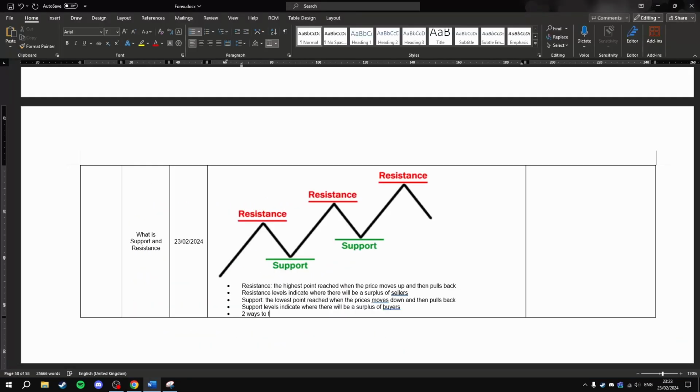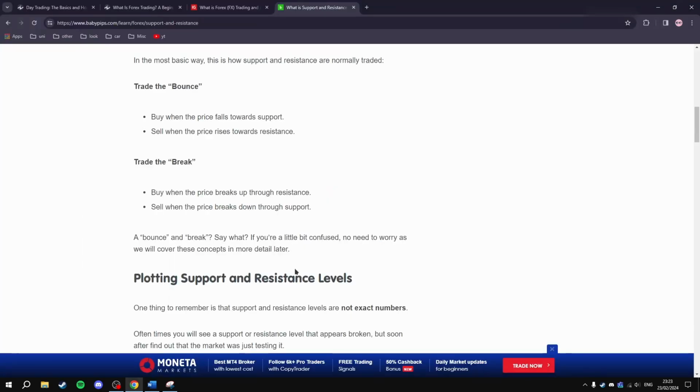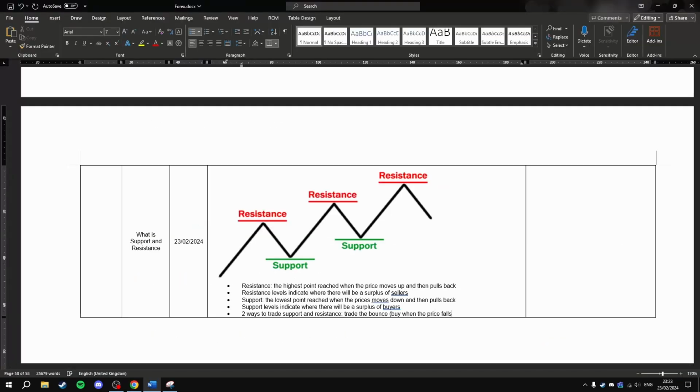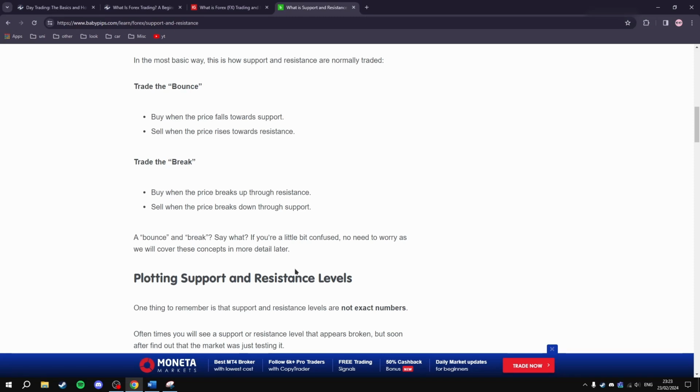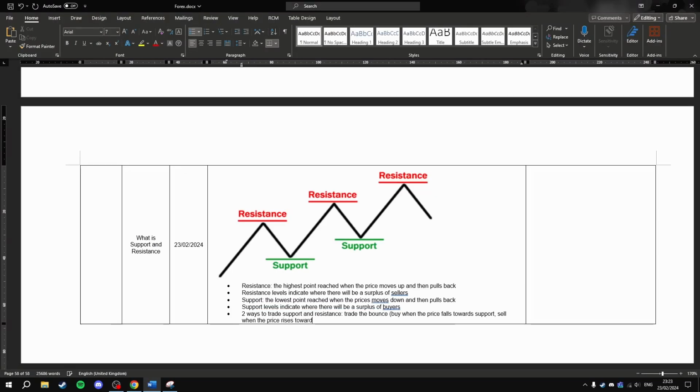Two ways to trade support and resistance. Trade the bounce: buy when the price falls towards support, sell when the price rises towards resistance.